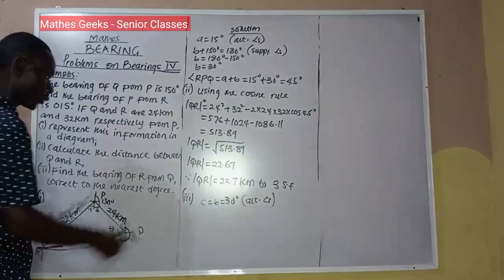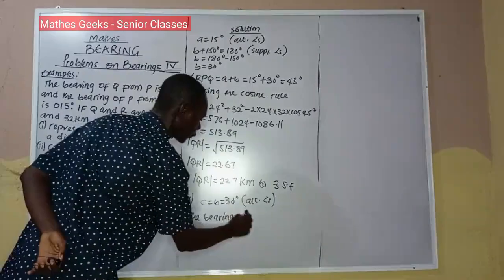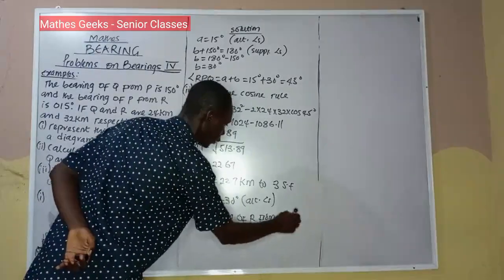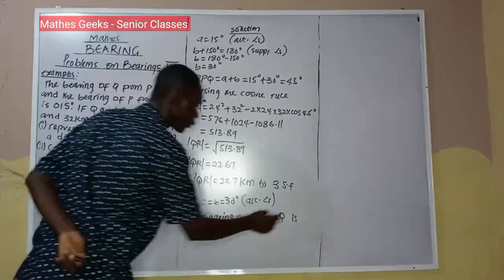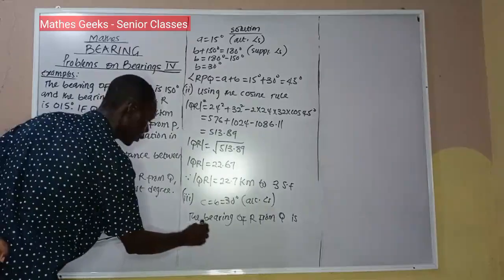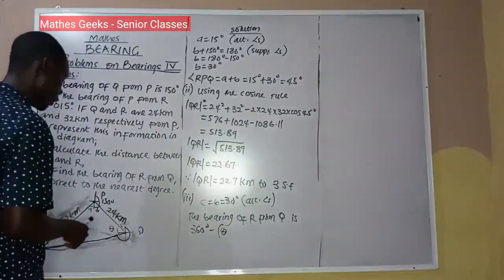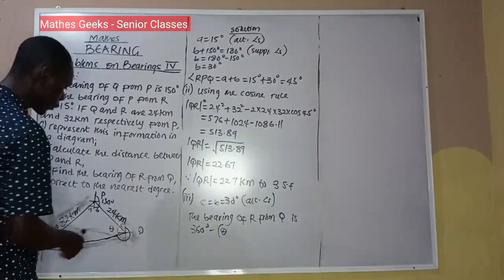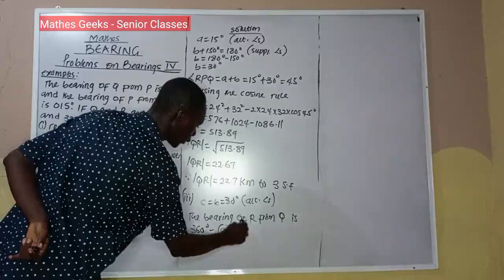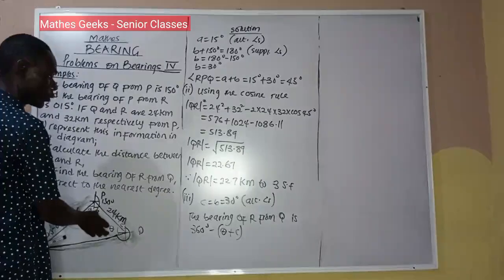So since that is true, I will say the bearing of R from Q is equal to 360 degrees minus theta plus C. That's it. So now we don't know this value theta, so let's get theta.